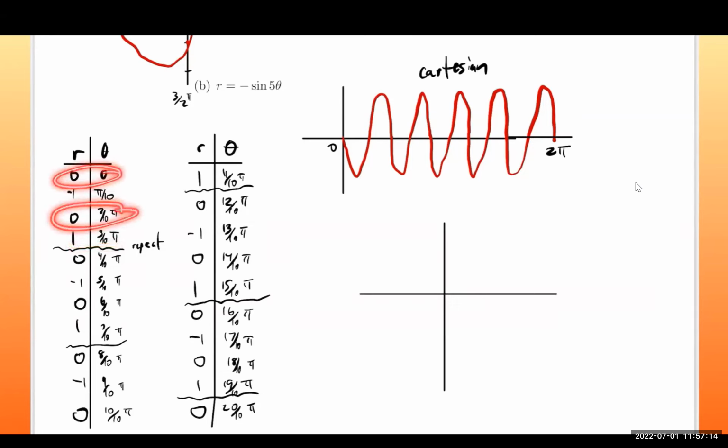All right, so now let's draw the graph in polar coordinates. Wherever you see a 0 for r, there's going to be an asymptote there. So at 2/10, we can actually draw an asymptote there. So it'd be approximately here.